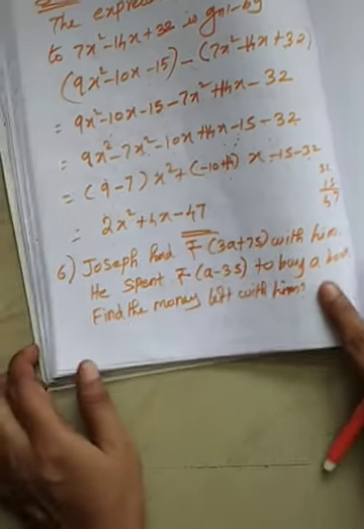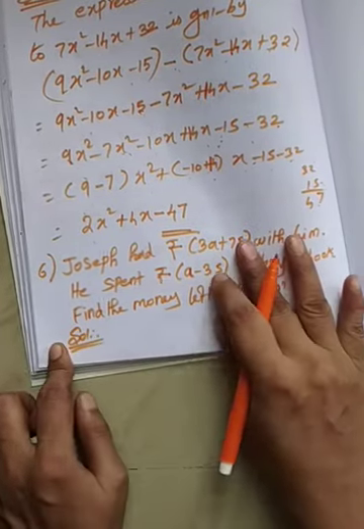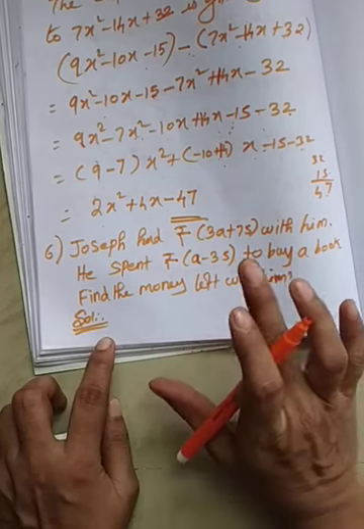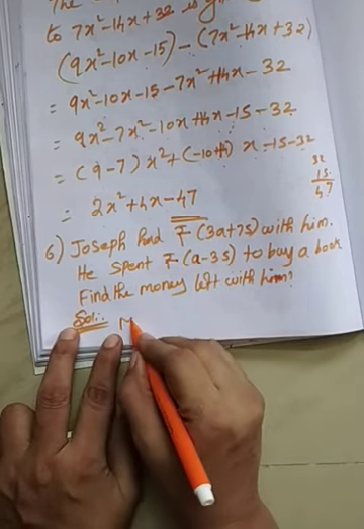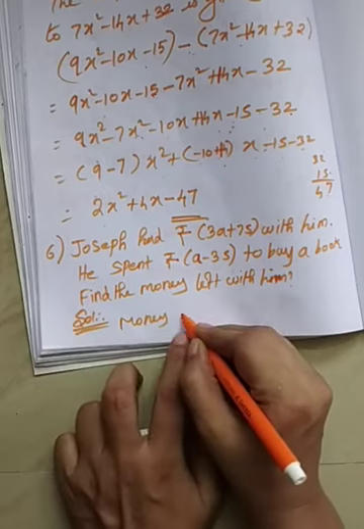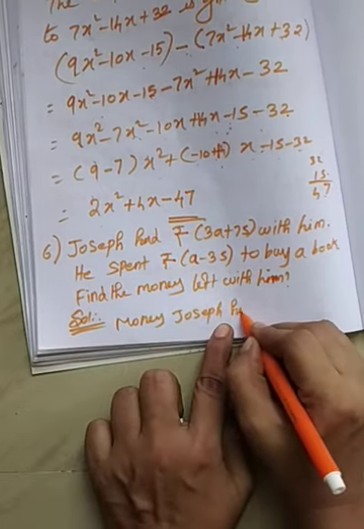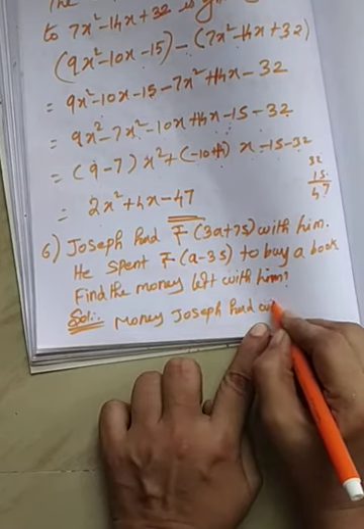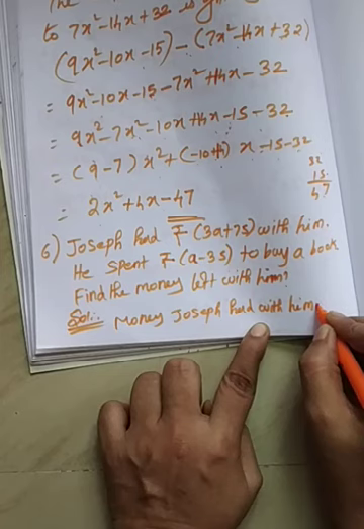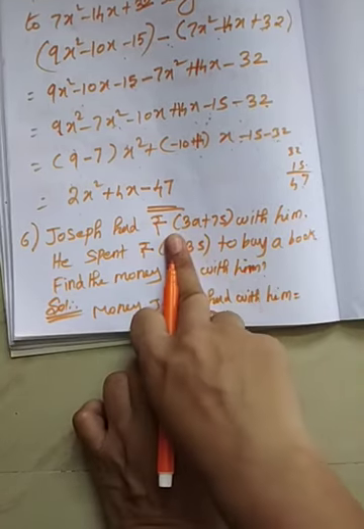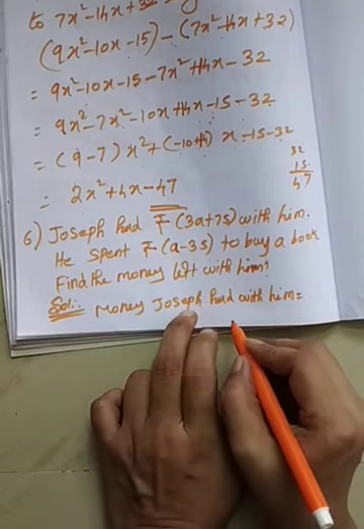First, you have to write the money Joseph had with him, which is rupees 3a plus 75.